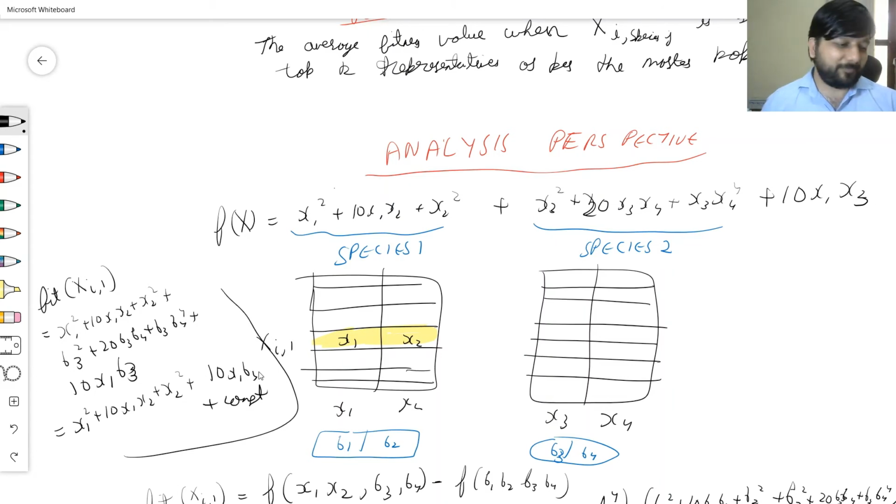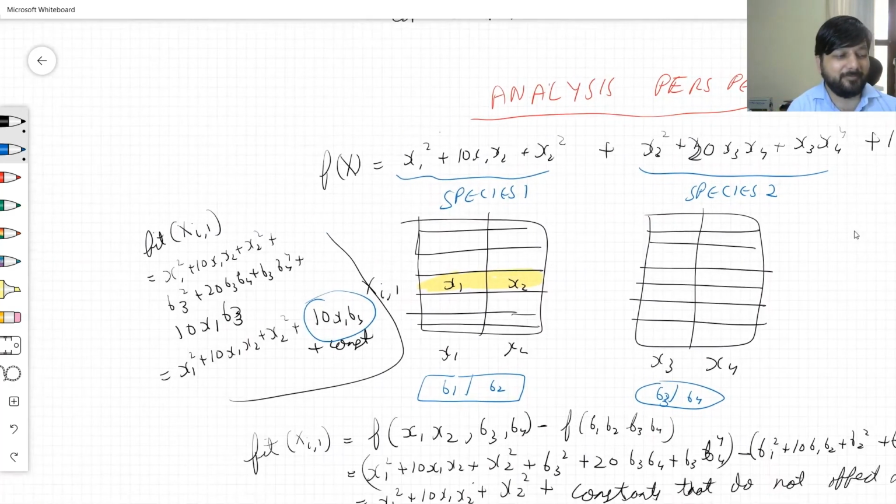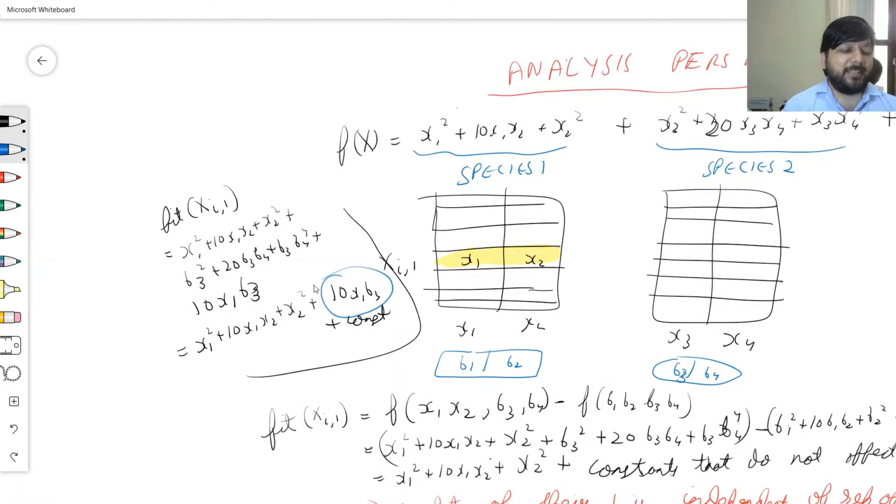That's why initially I said that small term, and that's exactly what I meant: if this term is not dominating, then the effect of change of the representative of species 2 is negligible, and therefore the population acts near independently.